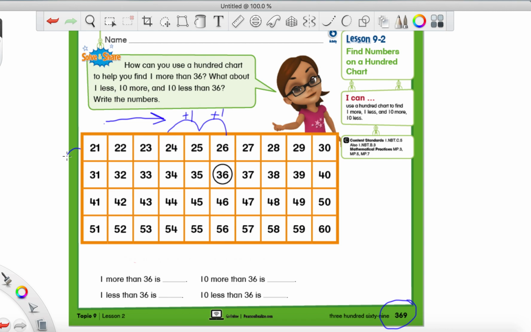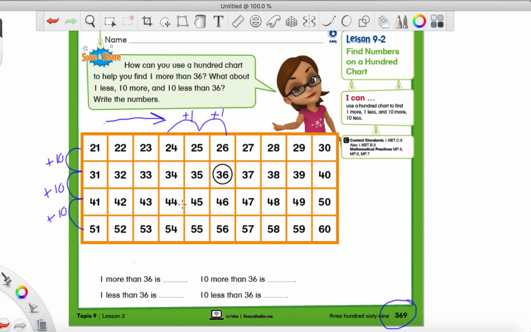And when we hop down the column right here, it increases by 10 each time. So you can kind of think of it as a plus 10. Just keep that in mind, and it will make your life super duper easy. These charts are the coolest thing ever because they help make math so simple, and you're just going to blast right through today's lesson. It's really fun stuff.